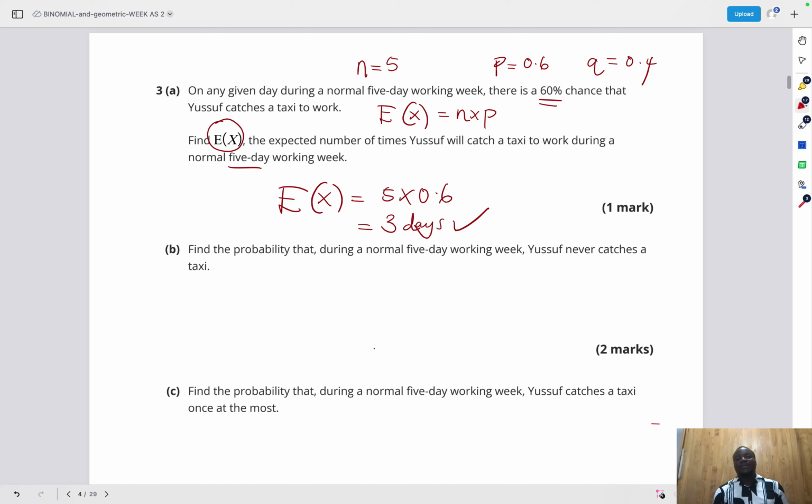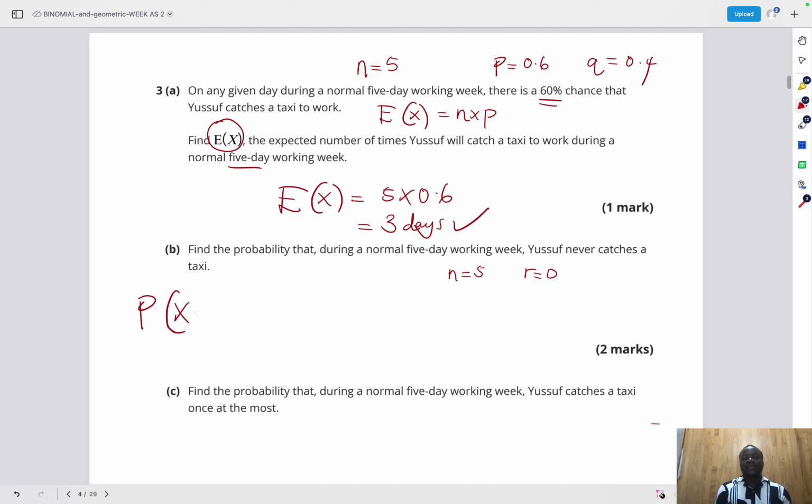I picked this question because it's also asking us on expectation. Then part B says find the probability that during the normal 5-day working week, so here we know that n is 5, Yusuf never catches a taxi, meaning we are not successful at any point. Never means r, the number of successes, is 0. So we're just using that formula we started with.